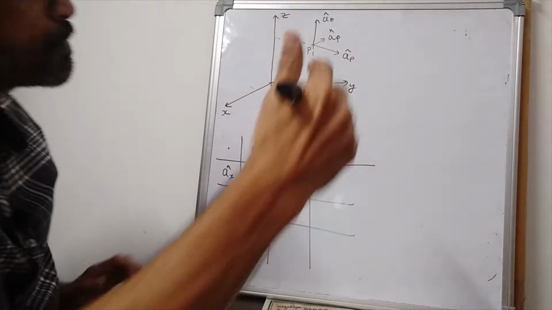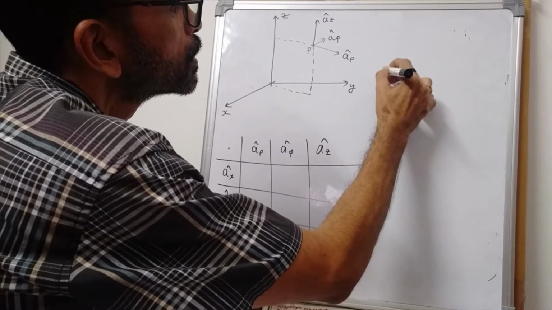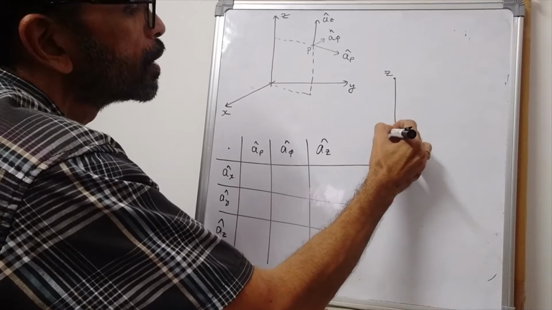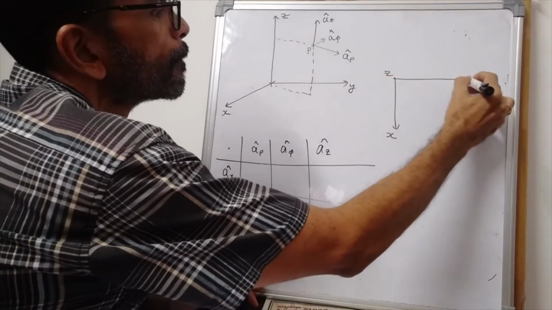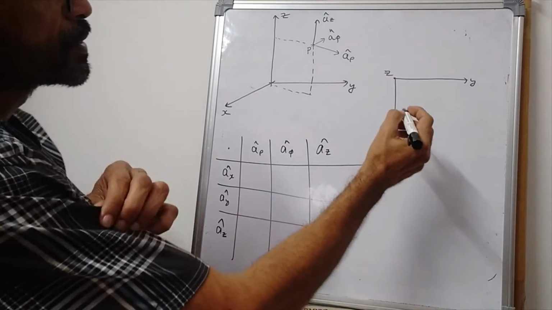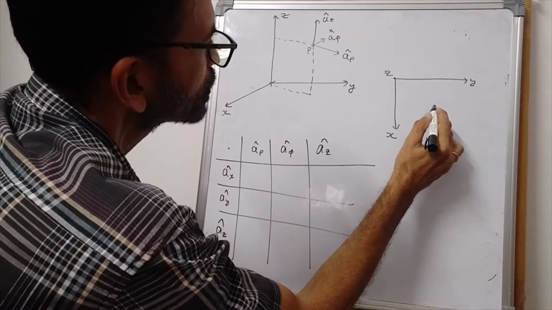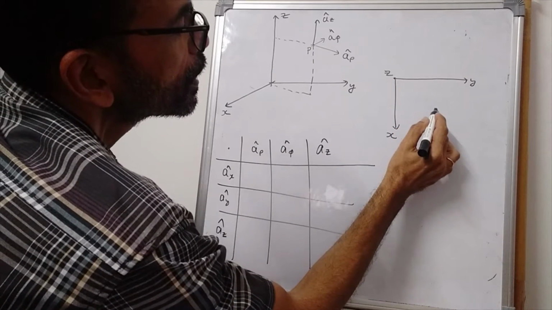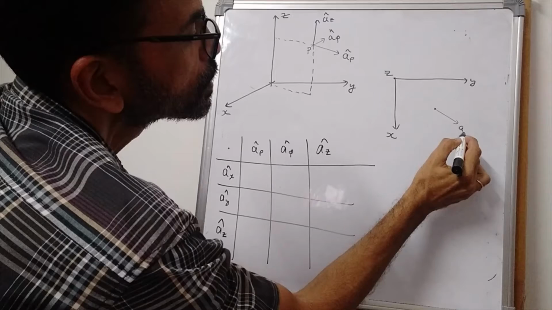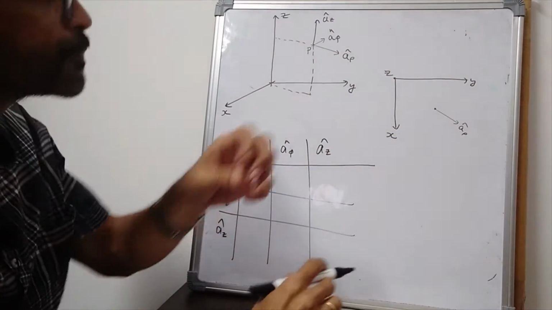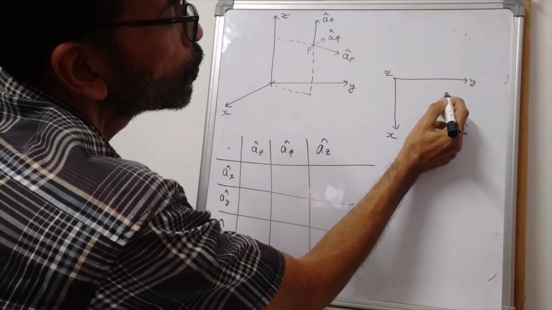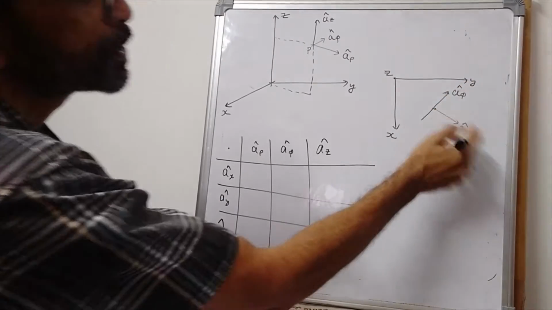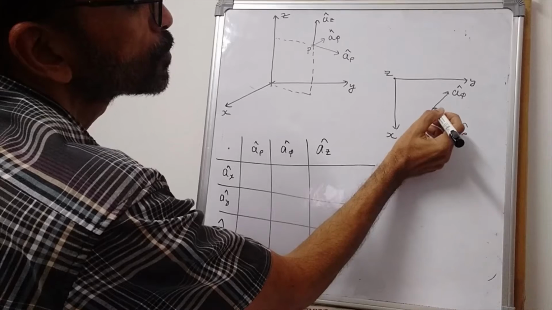That is, we will have the z-axis like this coming out of the board, x, y, and then the point P would be appearing like this, point P, and a rho cap would be this, a phi cap will be this, perpendicular to a rho cap, and az cap will be out of the board.